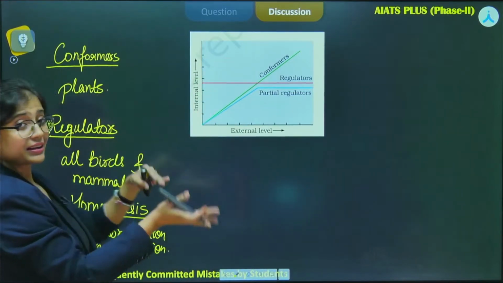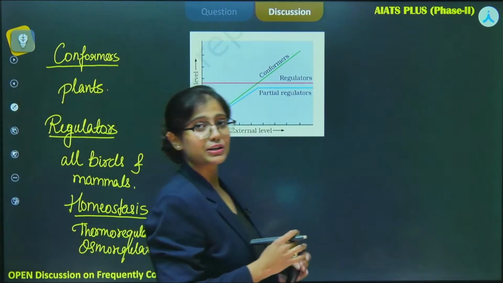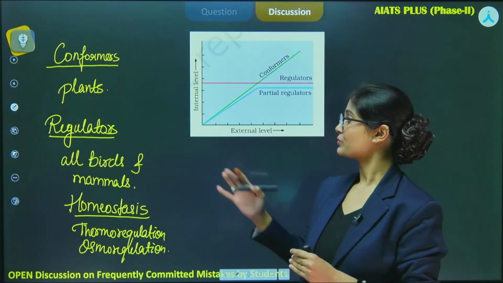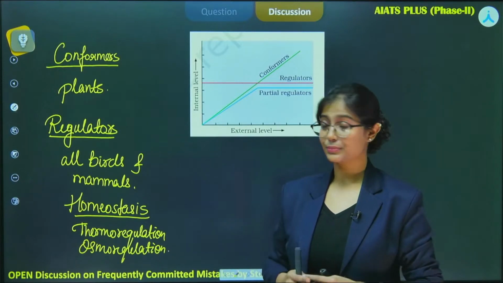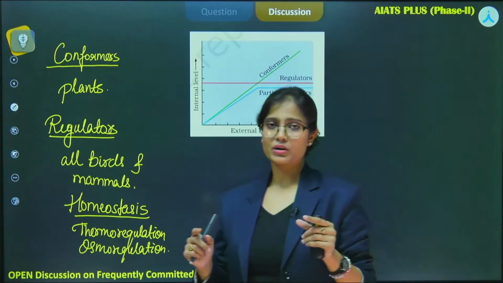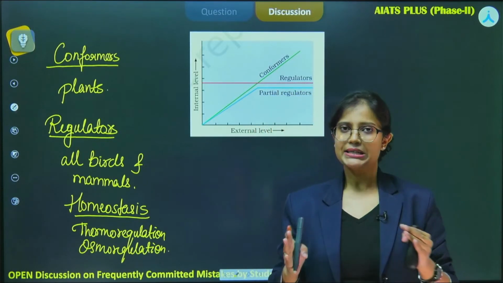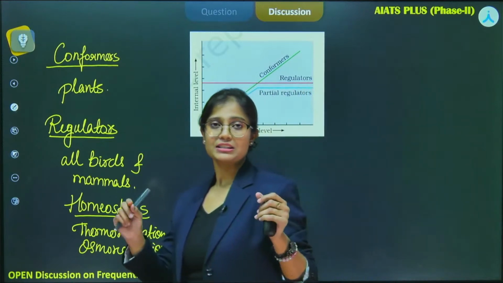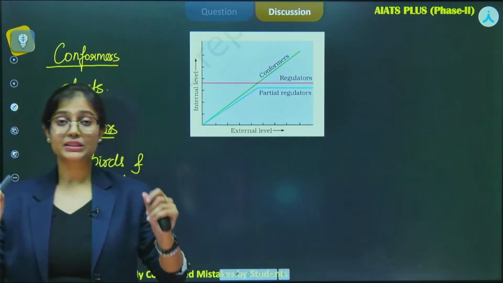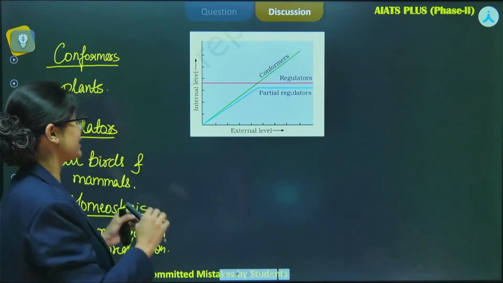Right, so if we come back again to the conformers, where organisms are not able to maintain their temperature with respect to the external environment, we could see that there are no smaller organisms which we find in the polar region. Why is it so? If we compare the surface area to volume ratio, smaller organisms have a large ratio.